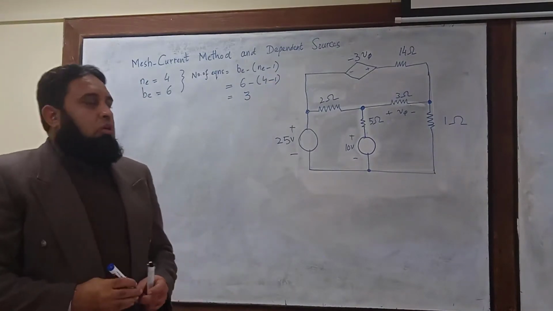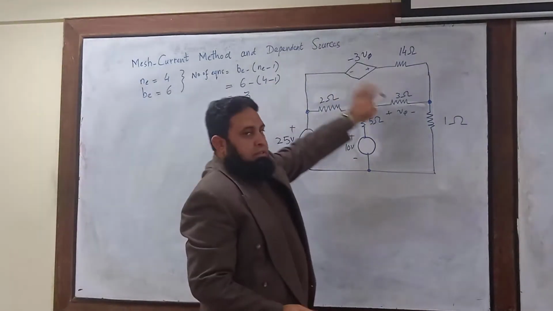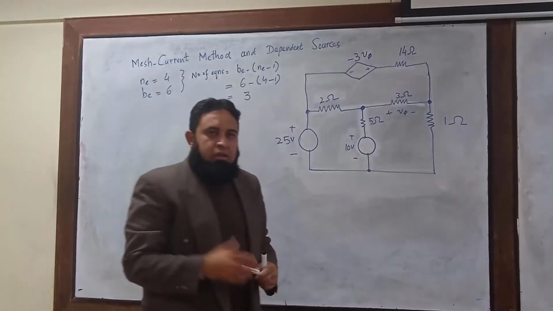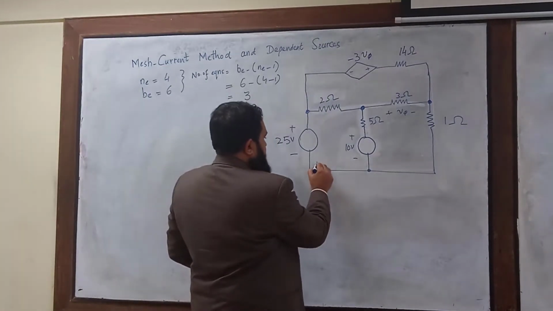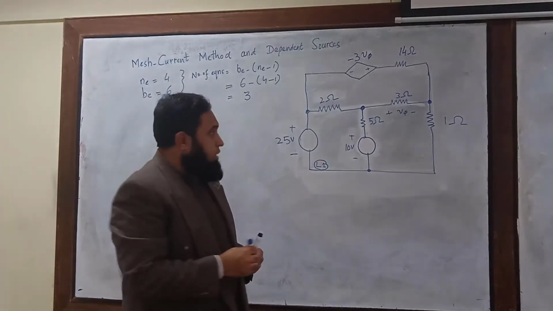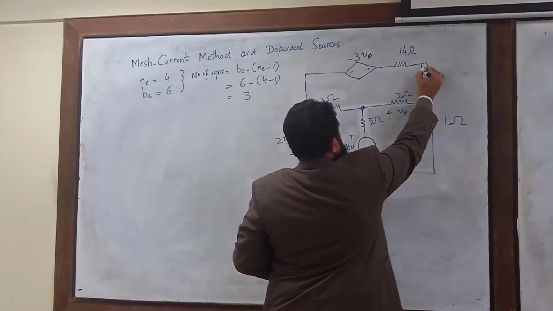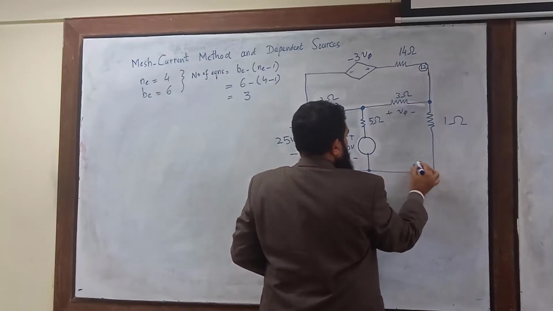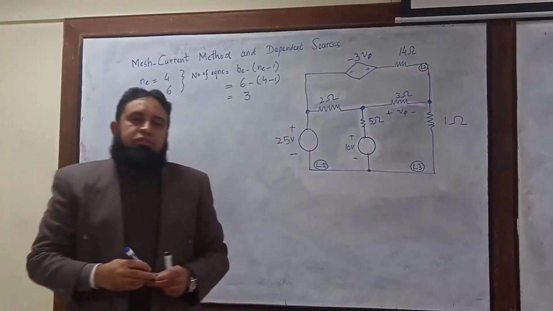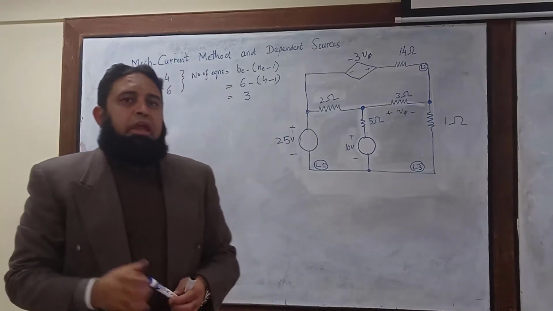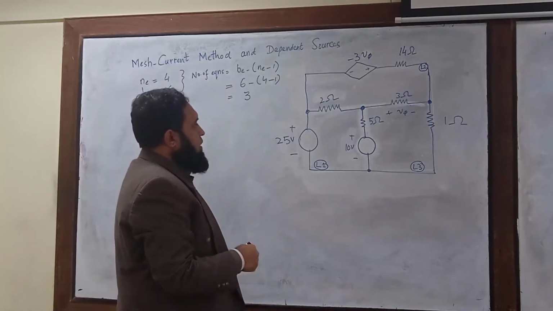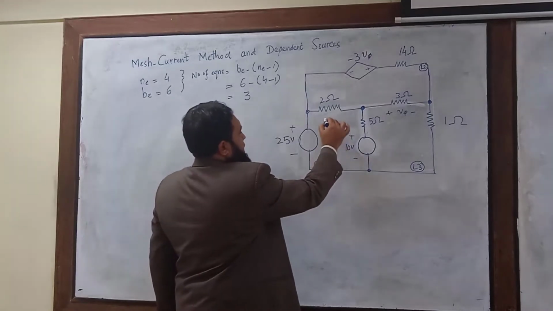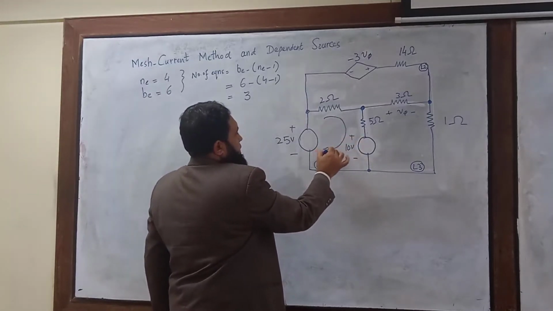So we have 3 meshes here. We mark this as loop number 1, this as loop number 2, and we have loop number 3. We have 3 loops in this circuit, and we just assign some direction to the loop currents.